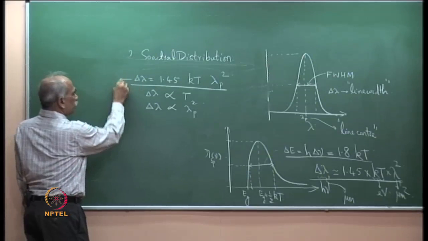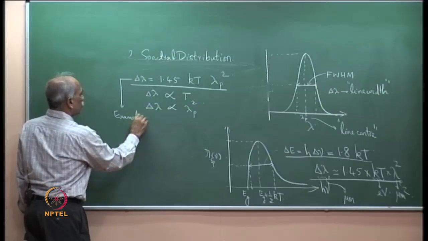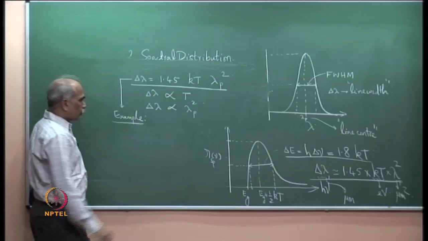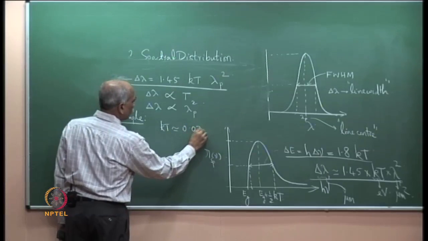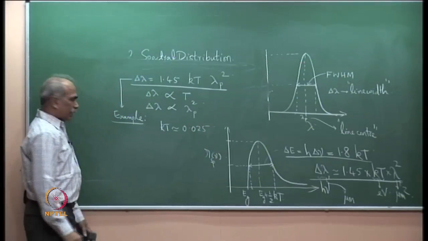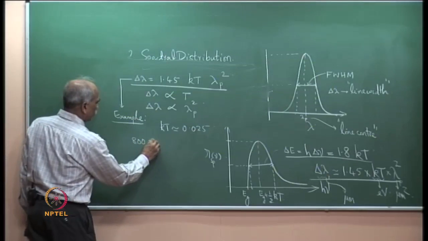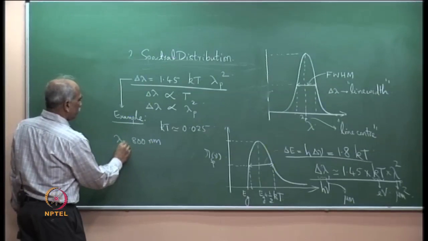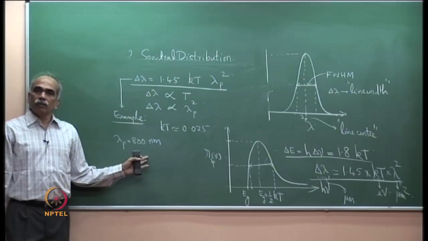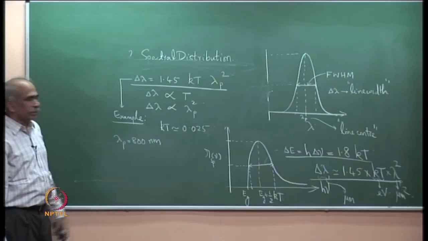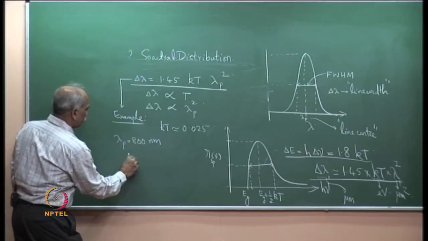Let us take an example to see what kind of numbers we get here. At room temperature, kT is equal to 0.025 eV. Let us say a gallium arsenide LED is emitting at 800 nanometer, that is, lambda p is 800 nanometer. I am just taking an example. Then you can find what delta lambda is.